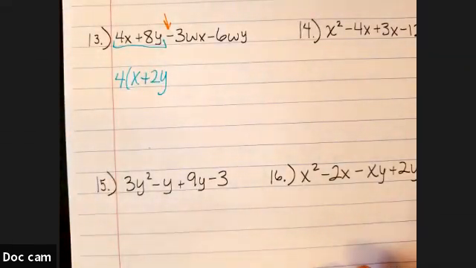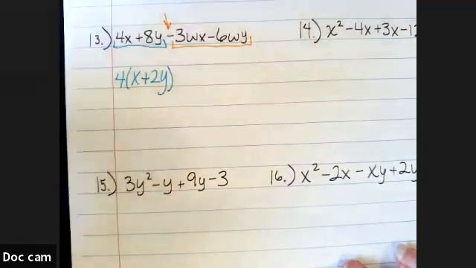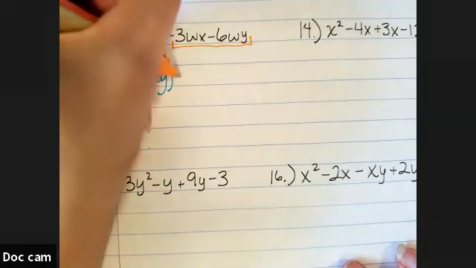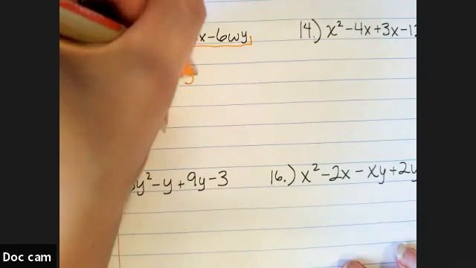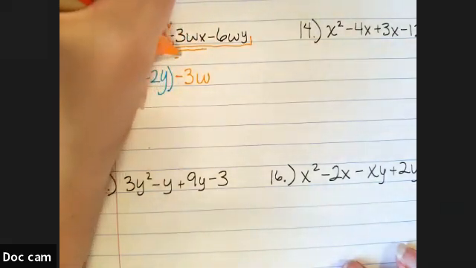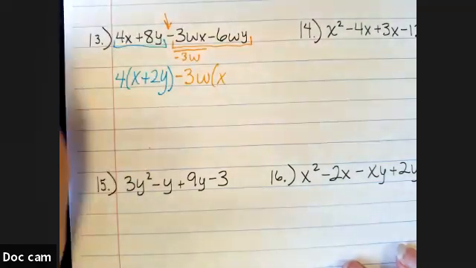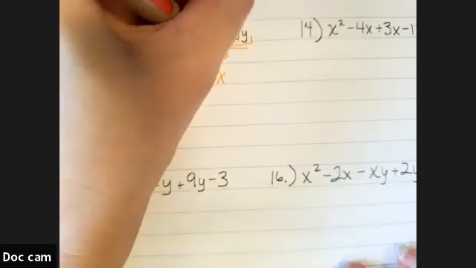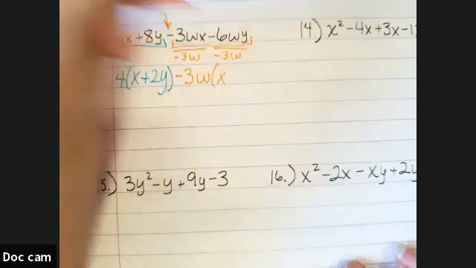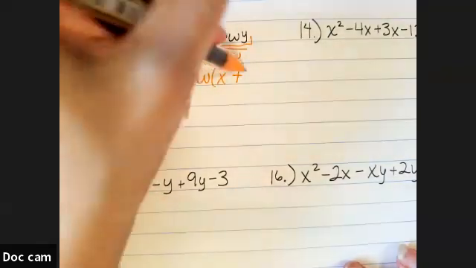So when we're figuring out what is the GCF from those last two terms that we want to factor out, we want to make sure that we are factoring out a negative. So it's going to be negative 3w. Okay, so if I divide this by negative 3w, it's just going to leave x. And if I divide this by negative 3w, that's a negative divided by a negative, so that's going to be a positive 2y.